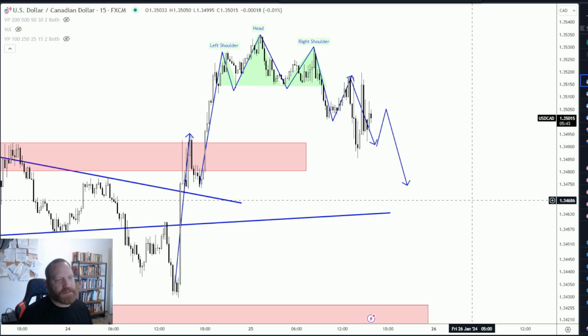So what this tells me is that the big participants are not yet filled on their order, and there's not enough downwards pressure for now. So they revisited the highs to try to get some more people on the other side of the trade, so they could get their fill.